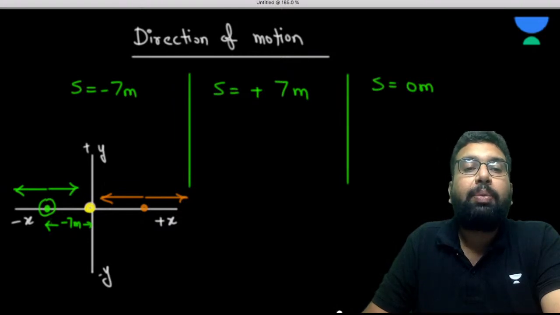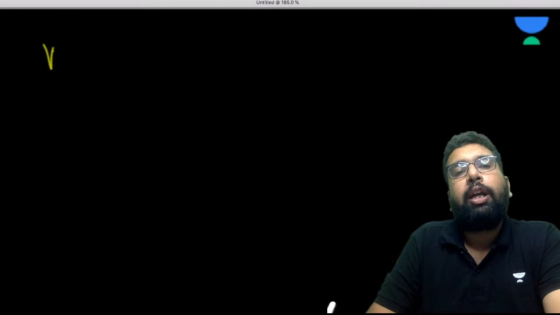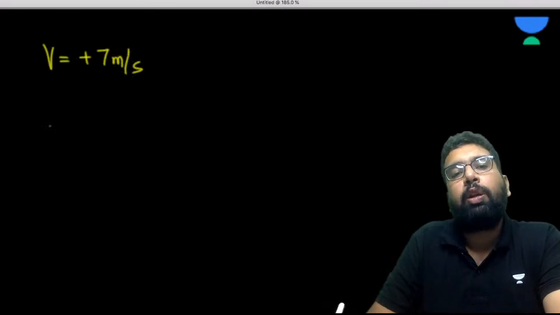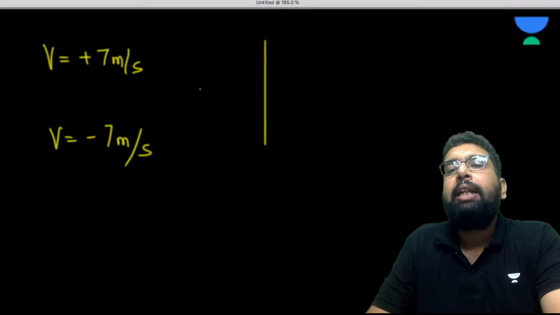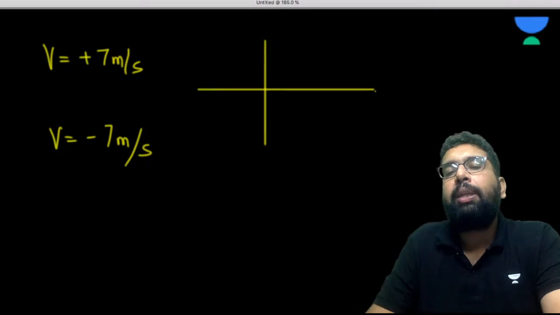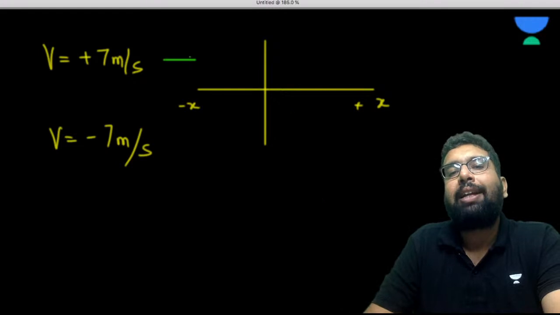So displacement never gives the direction of motion, but velocity does. If it is written that velocity is plus 7 meter per second, or velocity is minus 7 meter per second, from this information you can tell the direction. If this is plus x and this is minus x, then with velocity plus 7 meter per second your body is moving in the positive x direction.